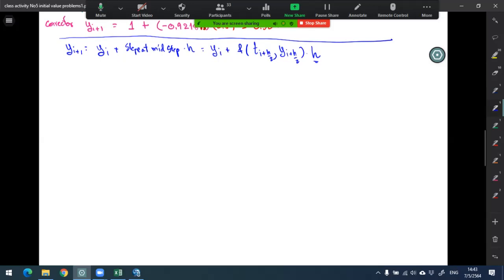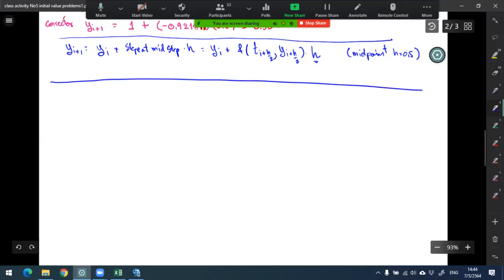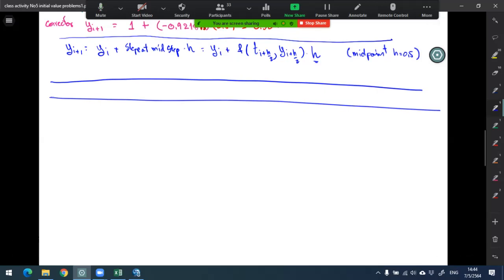So for the case that we use the midpoint or modified Euler method, with h equal to 0.5 in the same. How can we do it? The table should have time, right?